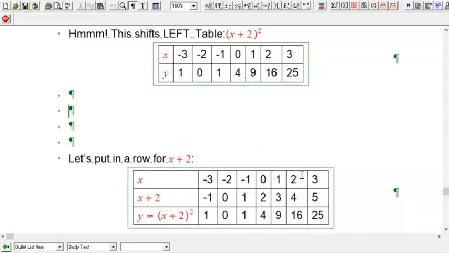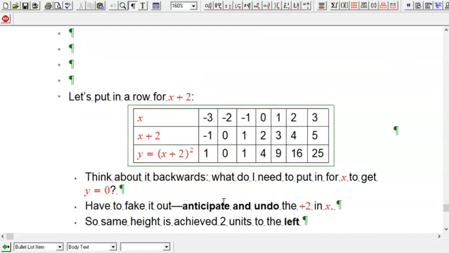Well, that makes perfect sense, because if I want to get output 0, that means I want the thing that I'm squaring to be 0, and I have to fake it out. This is the way I like to say it: we have to fake this thing out. If I want the square function to output a 0, I need the square function to see a 0.